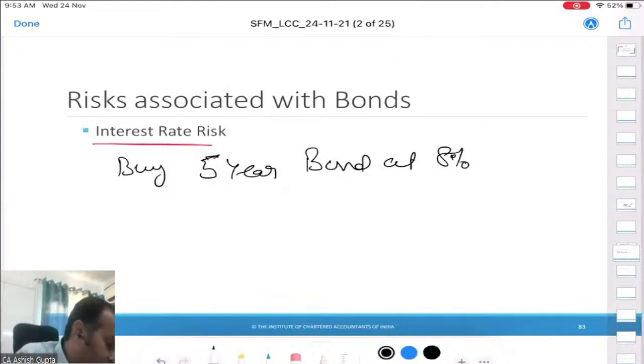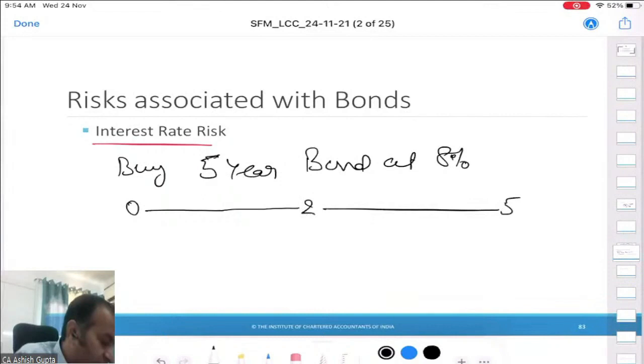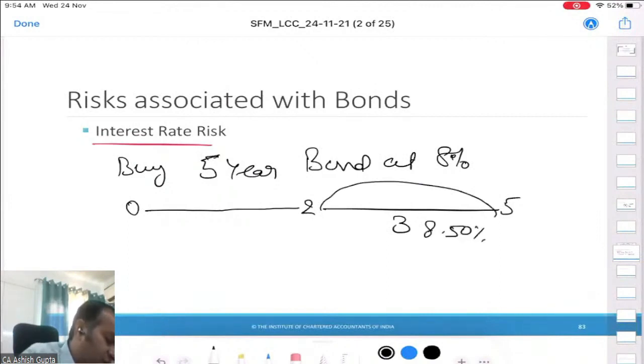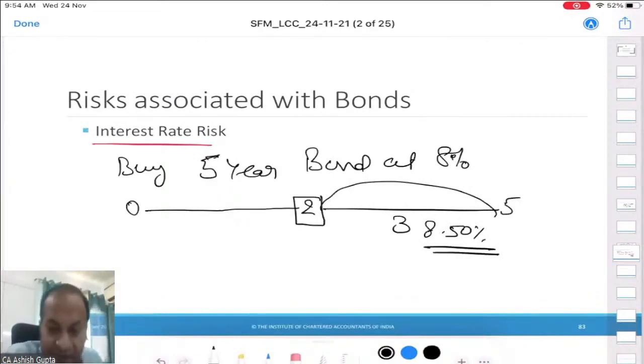Tomorrow, after around 2 years, there is a boom in the market, and the 3-year interest rate has become 8.5%. Now, in that case, you are facing the risk.